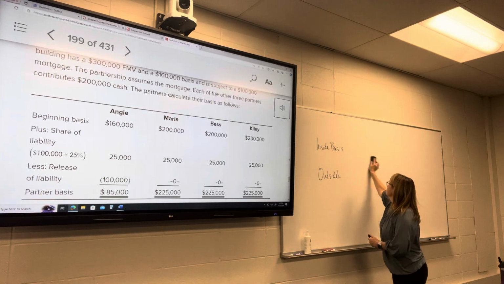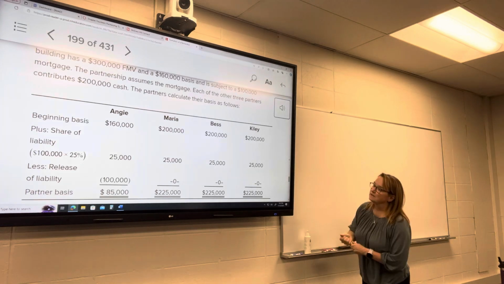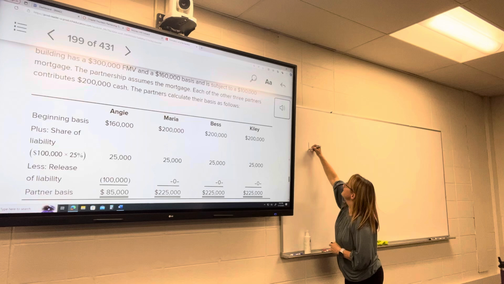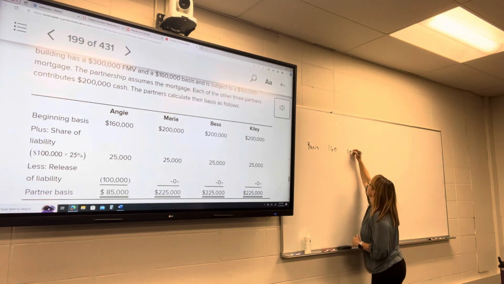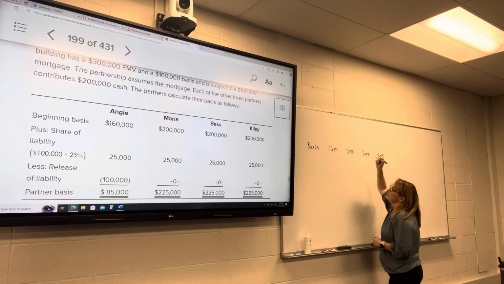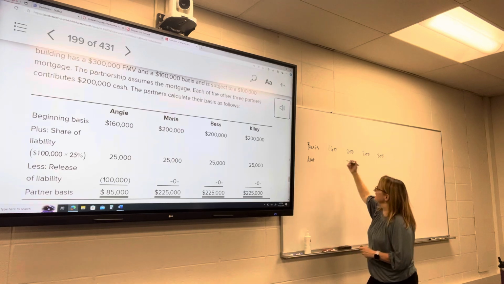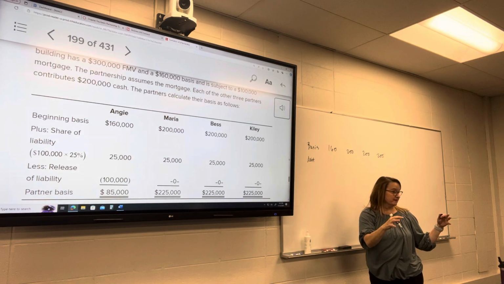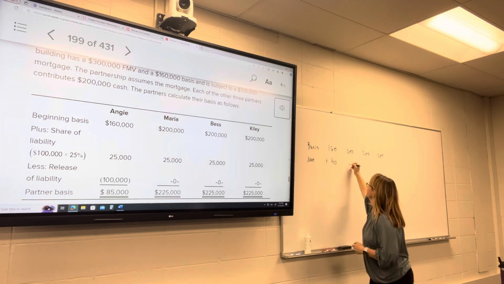So let's say, Angie again, so here's the basis. So 160, 200, 200, 200. And then we've got the debt. And let's say that that was $200,000 instead of $25,000. And it's spread over each of them. So now we're going to add 50.